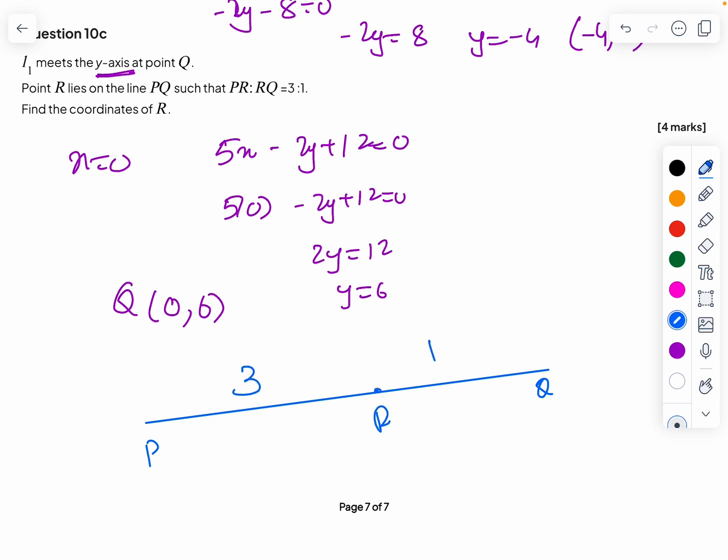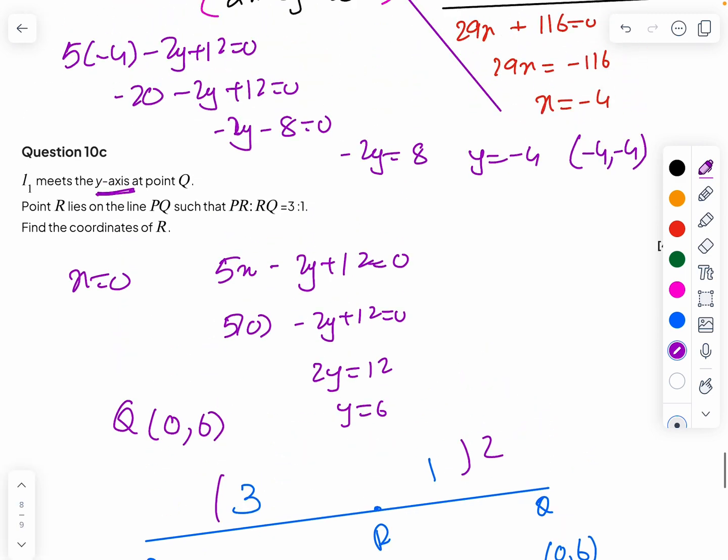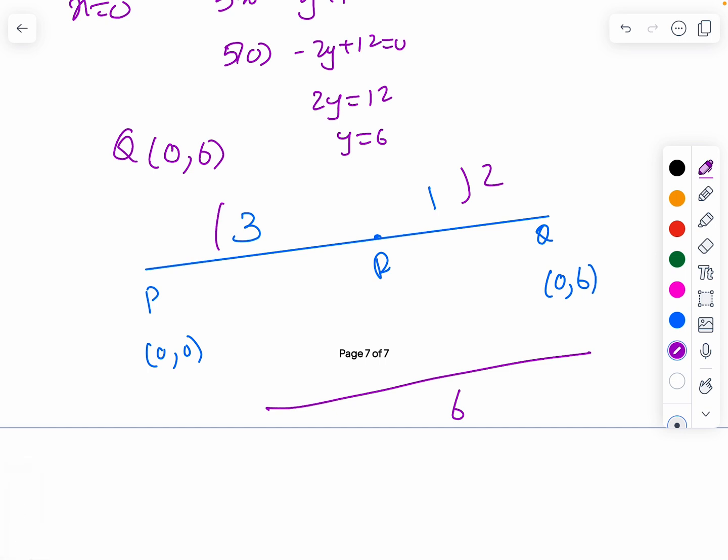So this is 3:1. This is (0, 0) and (0, 6), meaning the total distance is 6. Now he is asking us to find the coordinates of R. So it is a 3:1 ratio.